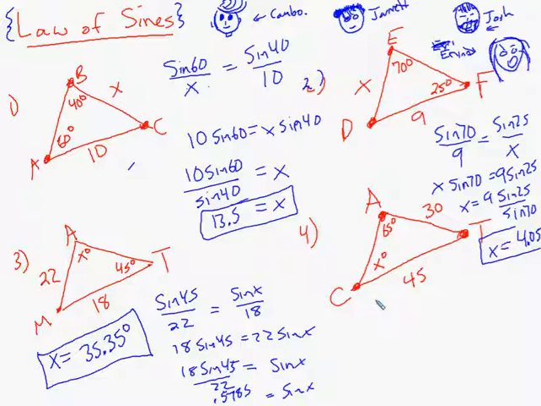Number 4. Set it up, Aaron. Sine x over 30 equals sine 65 over 45. Okay, and Grant, now what? Cross multiply. And you divide by 45.